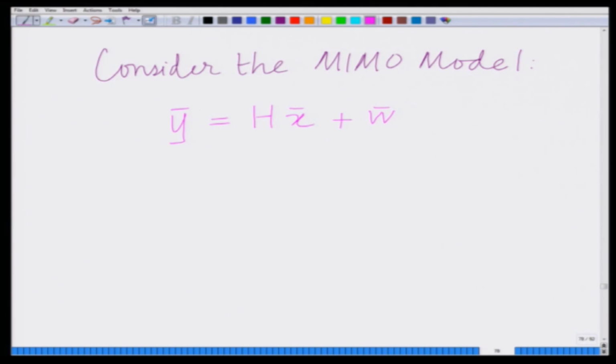This is our MIMO communication system model, with y bar the r cross 1 receive vector, H the r cross t channel matrix, x the t cross 1 transmit vector, and w the r cross 1 noise vector, correct. So, these are the different components.